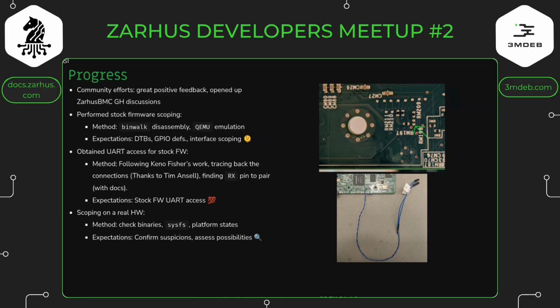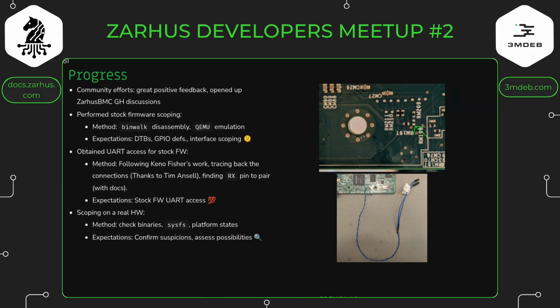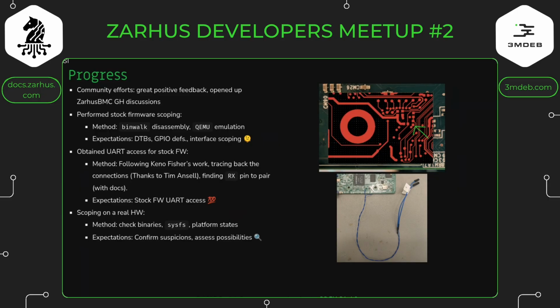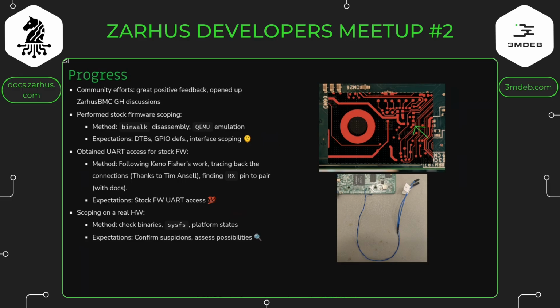And there was also one good point of probing the system running on real hardware: we could check the GPIO registers. What this allowed us to do is basically put the platform into various states and check how the GPIO registers change.